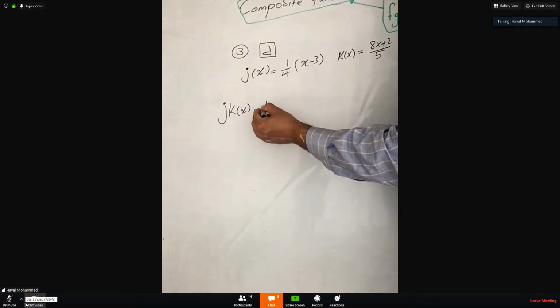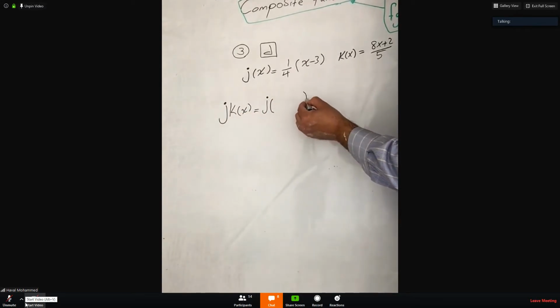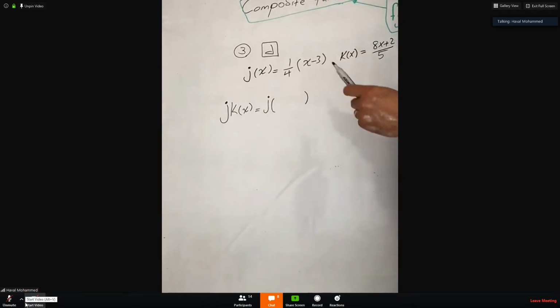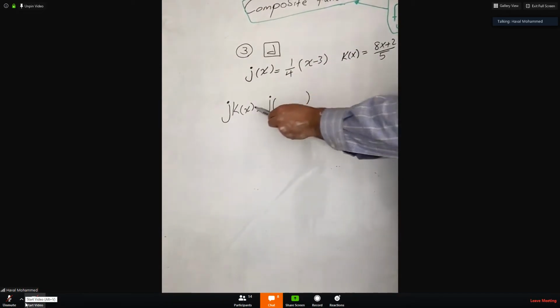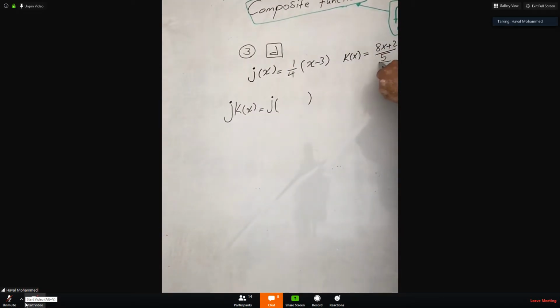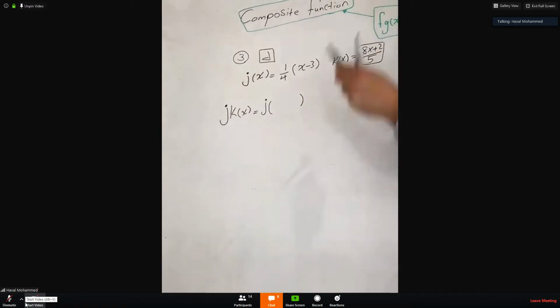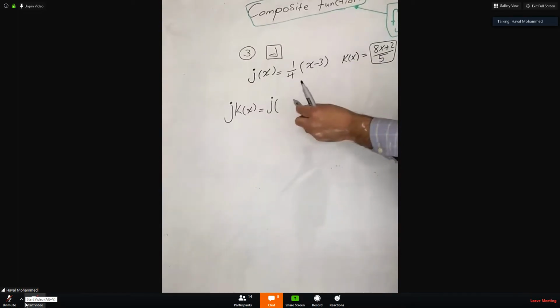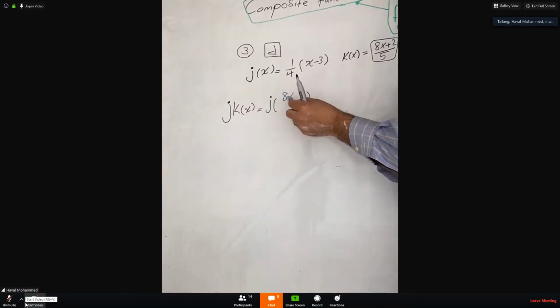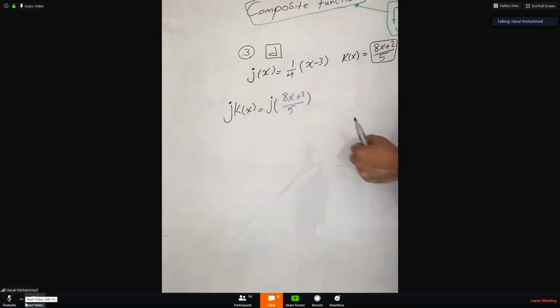You write j and open a bracket. Instead of k(x), use this part. Replace by this, which is (8x plus 2) over 5.